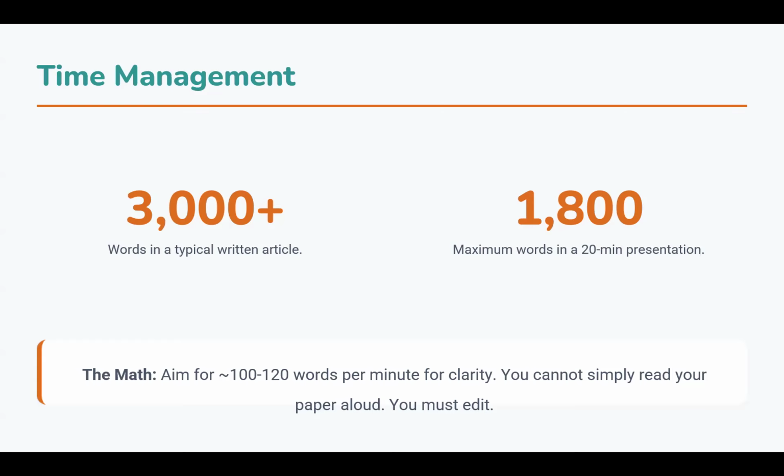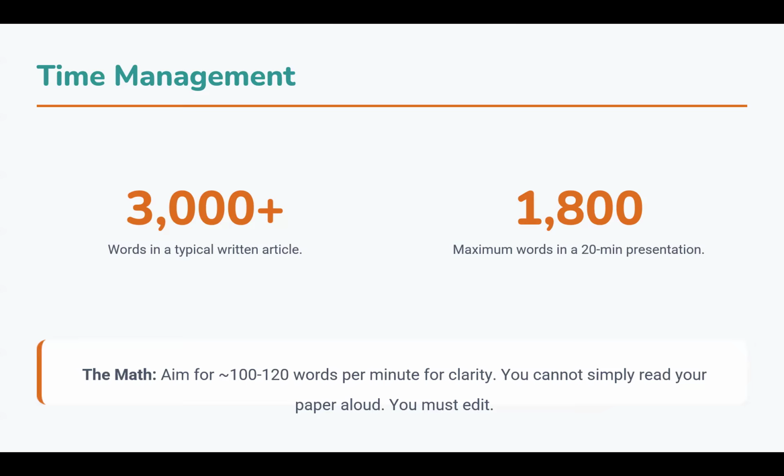So it's like 1 to half. You have one full space in your research article to write up. You have half the space of that in your hand to speak it out loud. If you just do this math, aim for 100 to 120 words per minute, clarity.